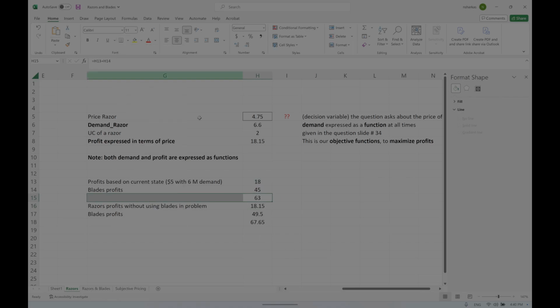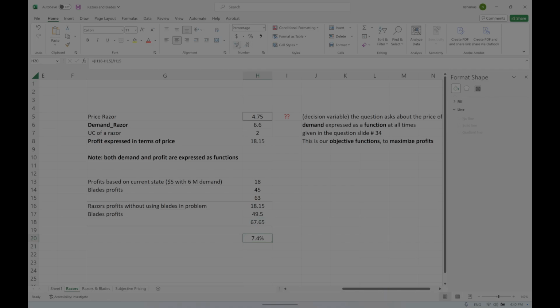That's quite interesting, isn't it? And then we are going to get 67 here. So we have 63 here, 67. So how much increase? That would be more reasonable. This minus this over this. And this is 7 or 8%.